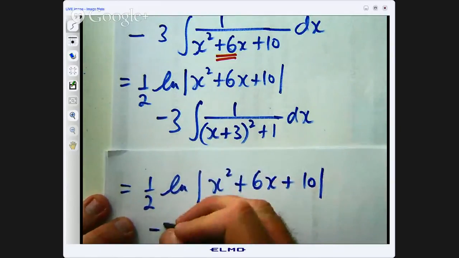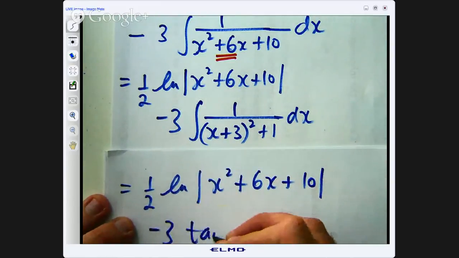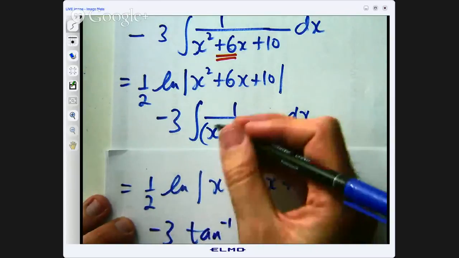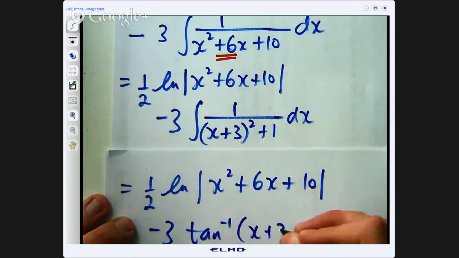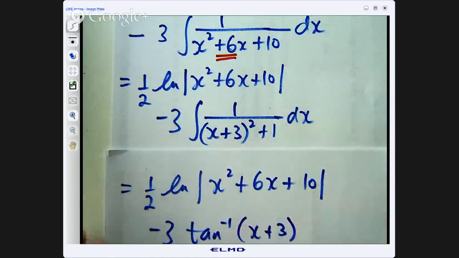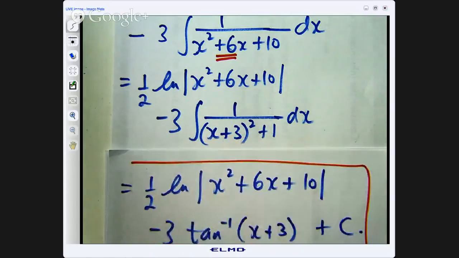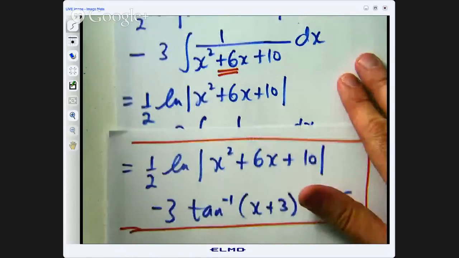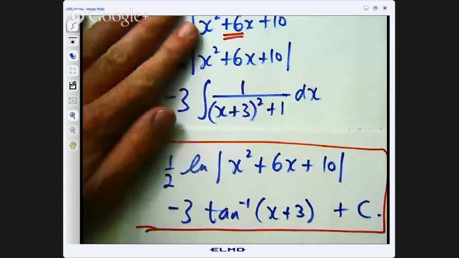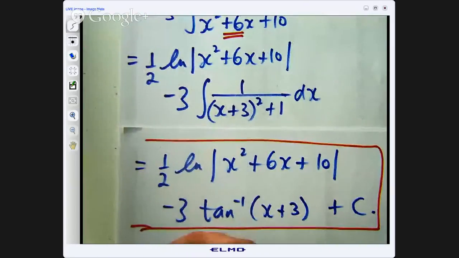All right, minus 3 inverse tan of what's in the brackets. And let's put in the constant of integration. So this last bit from here just comes from the following.